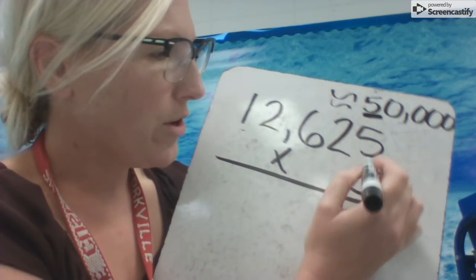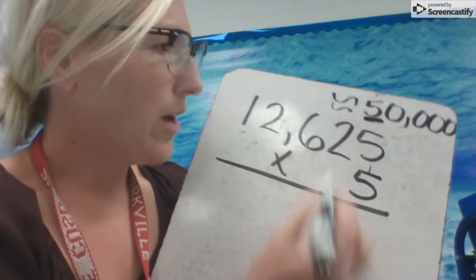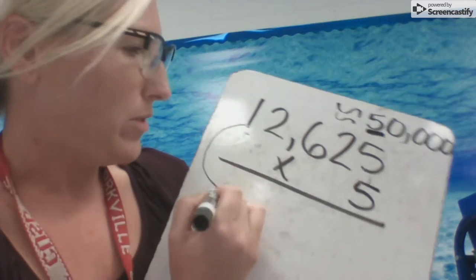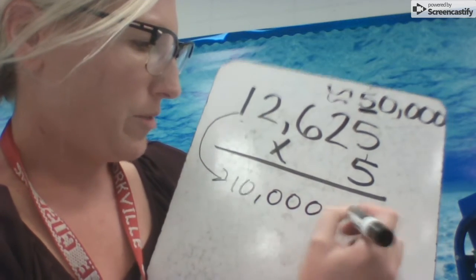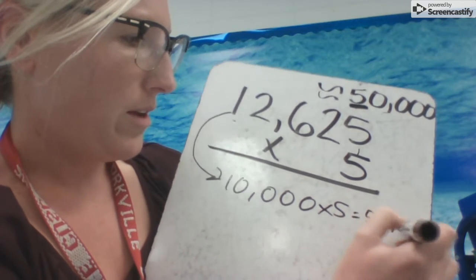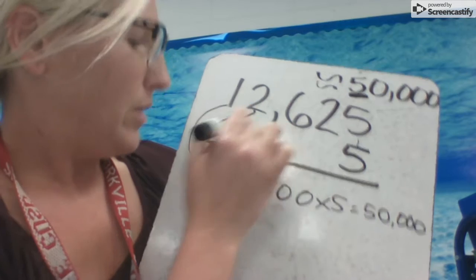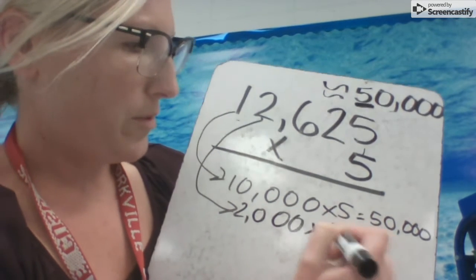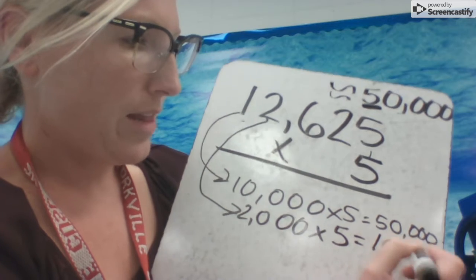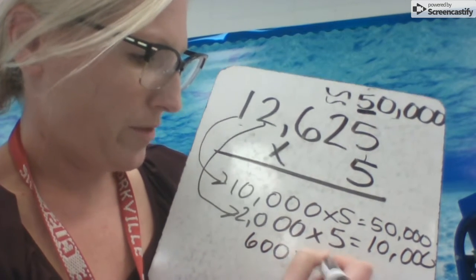Or you can take this factor and multiply it by each one of the place value spots. You could do it separately. You could take this one out separately and say, I know 10,000 times 5 equals 50,000. Or you can take this one out separately: 2,000 times 5 equals 10,000. 600 times 5?